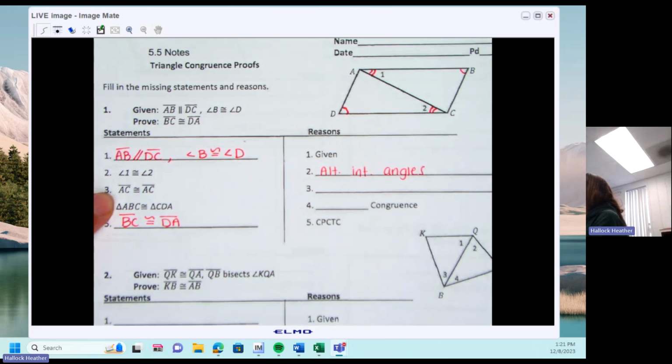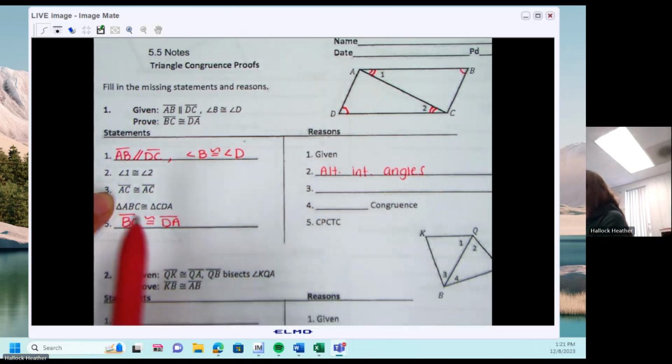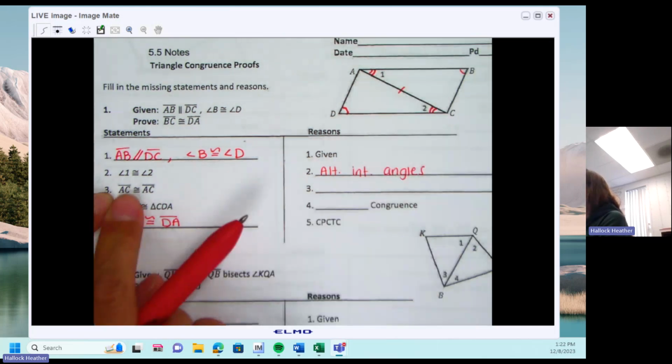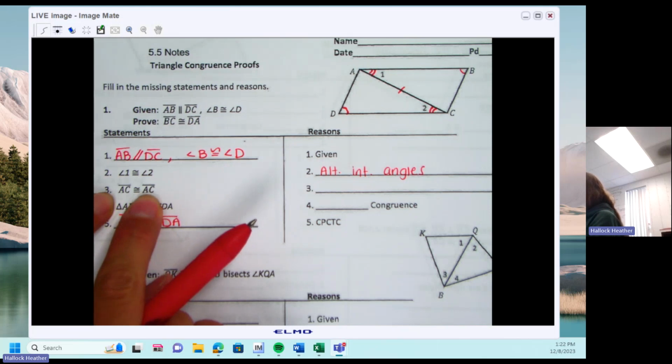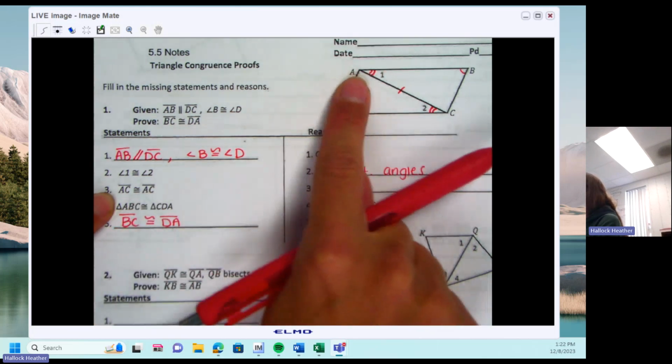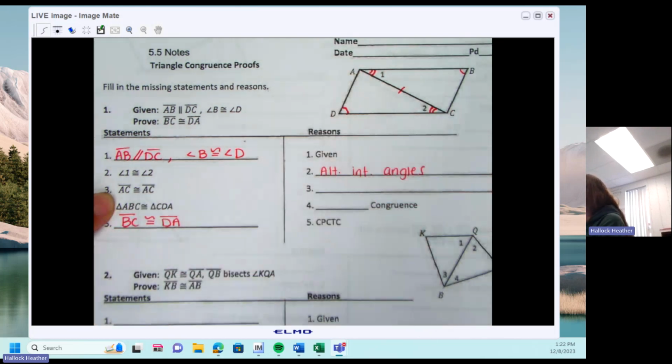The next thing I know, I'm going to add into my picture. Segment AC is congruent to segment AC. So I'm going to put in a line because it's saying a segment is congruent to a segment. So what we talked about yesterday is going to be this property. How or why can I say segment AC is congruent to itself?